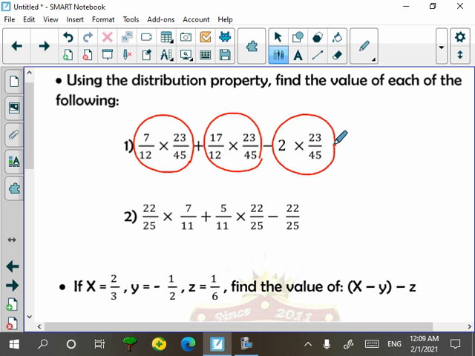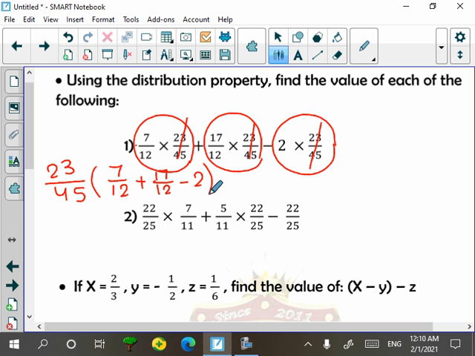The common number between the three terms is 23/45. Then we will take 23/45 as a common factor. 23/45, the remainder 7/12, plus 23/45, the remainder 17/12, minus 23/45, the remainder will be negative 2.